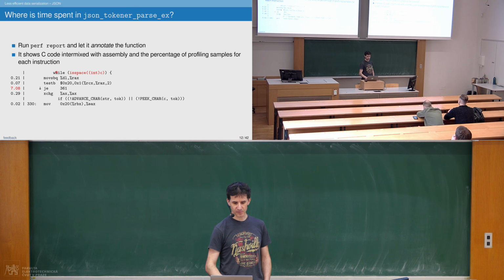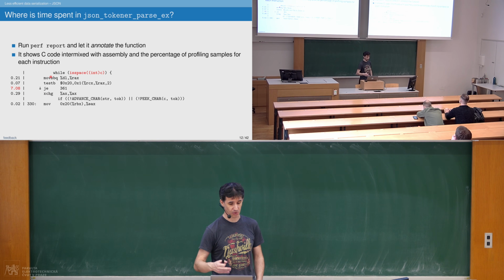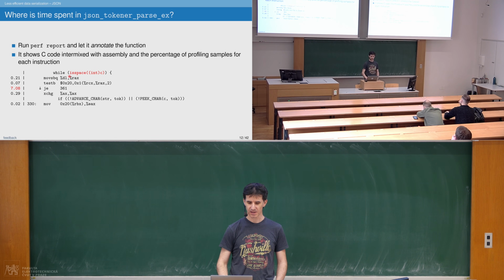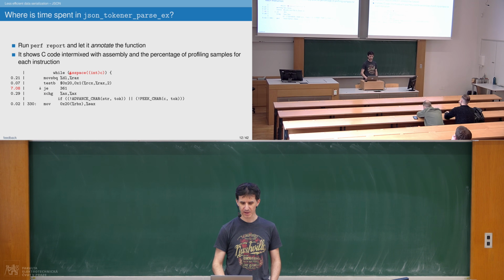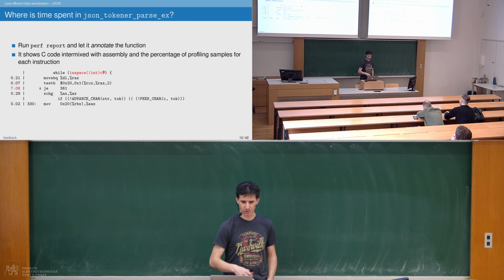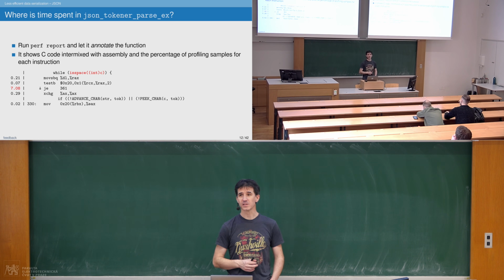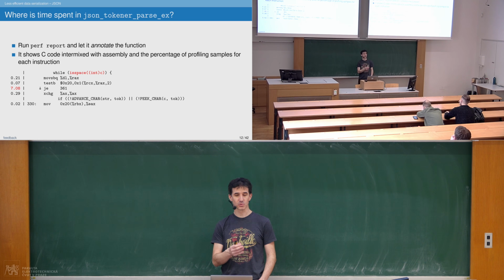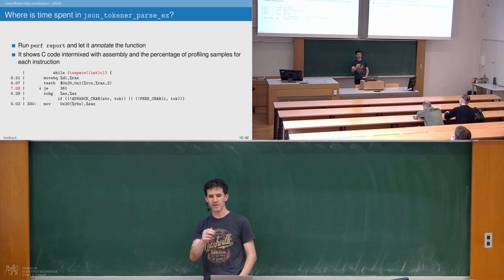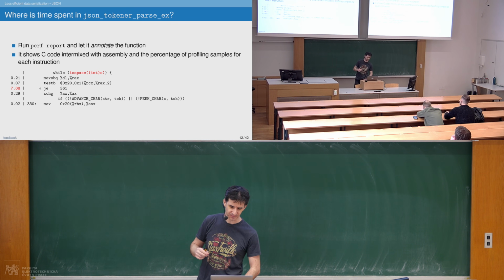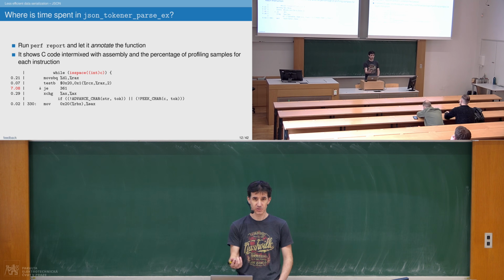If you look where this instruction is located and what it actually does, you can see that there is a while loop, and this while loop checks for spaces. If you look a bit around in the original source code, you will figure out that this tries to skip over the white space in the JSON stream.